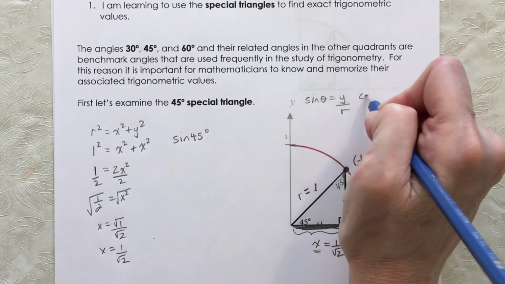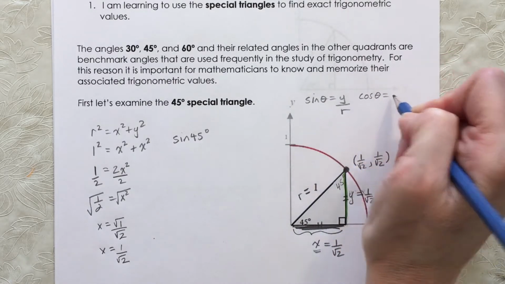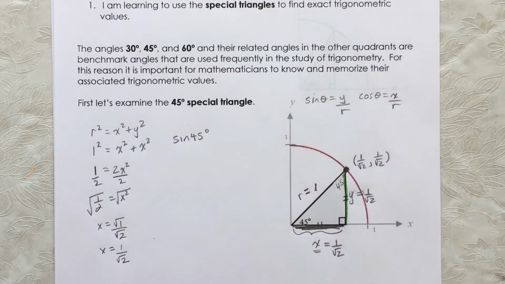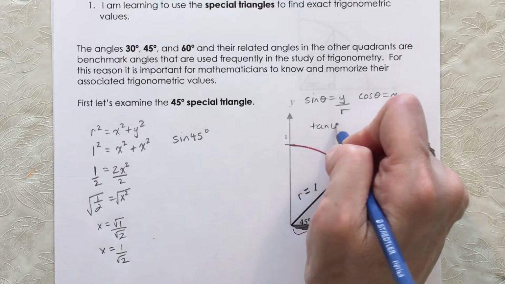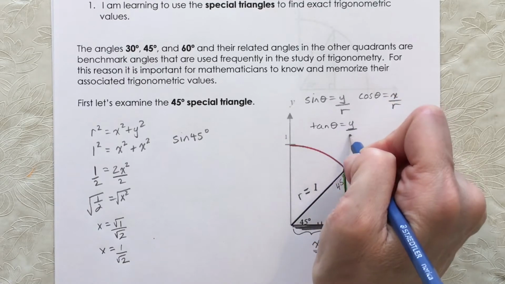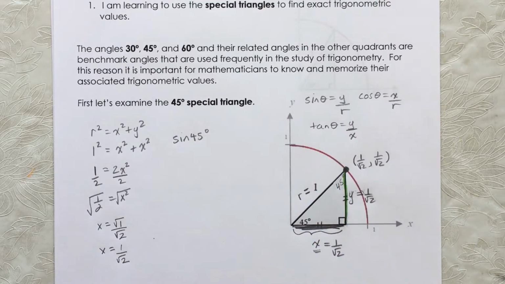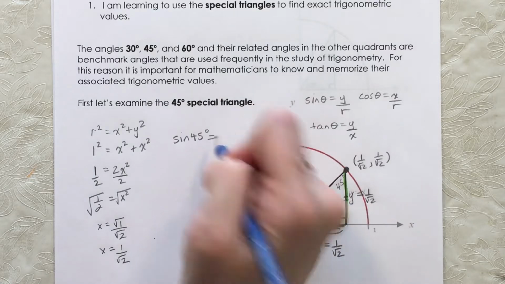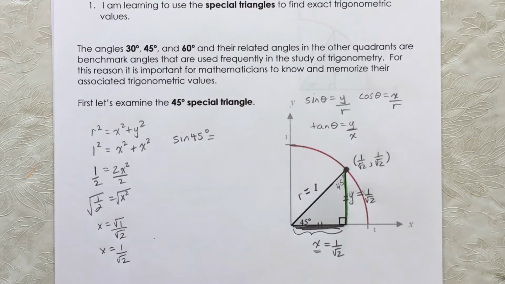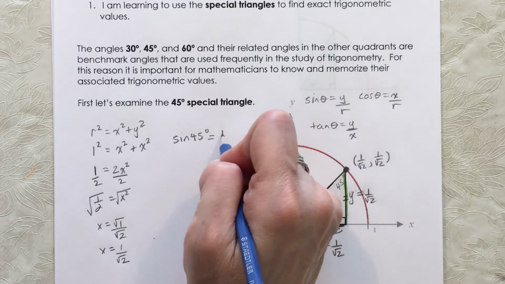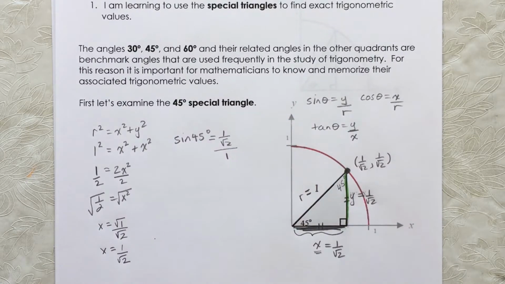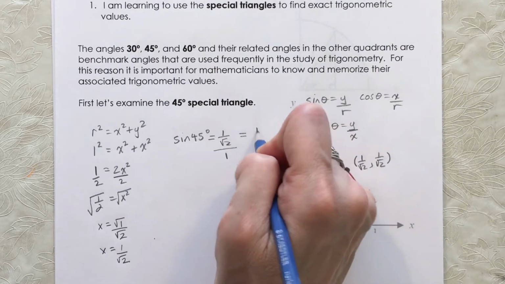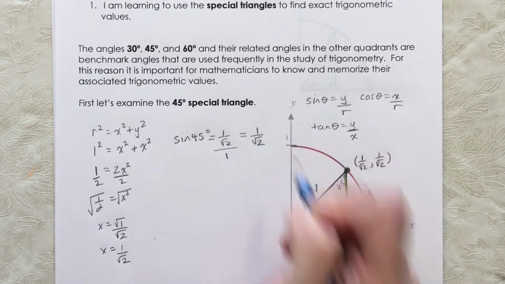We know that the cosine of an angle is its x value divided by its r value. We know the tangent of an angle is its y value divided by its x value. So I can do the same thing here. The sine of 45 is its y value, which is 1 over root 2, over its r value, which is just 1. But dividing something by 1 leaves it the same. So the sine of 45 is just exactly 1 over root 2.